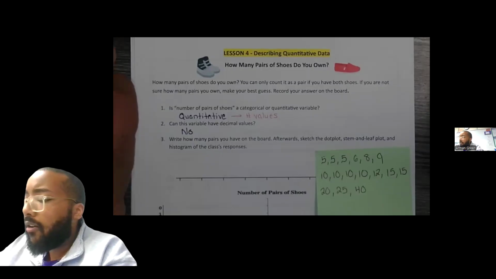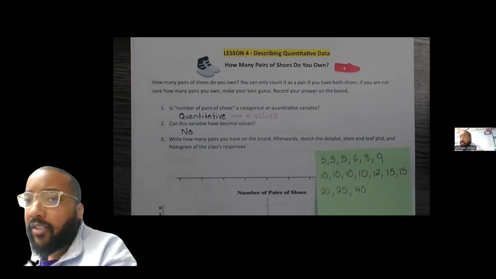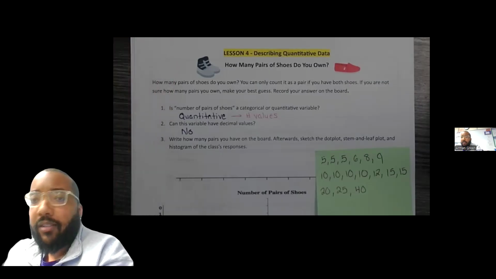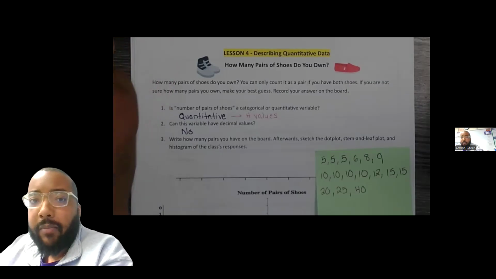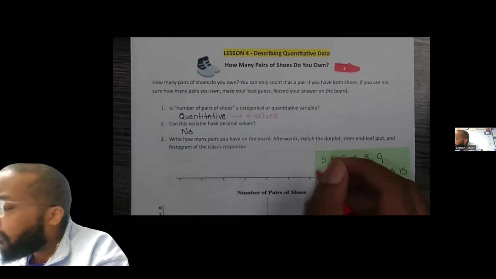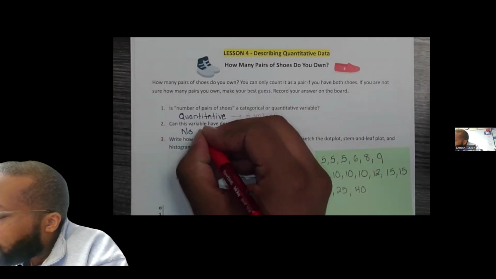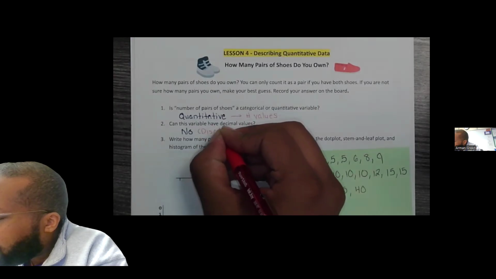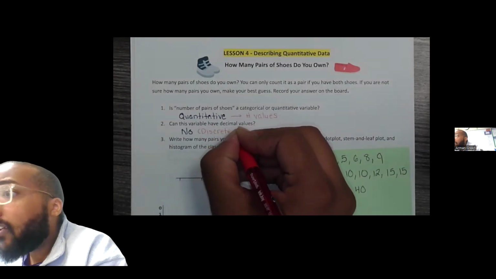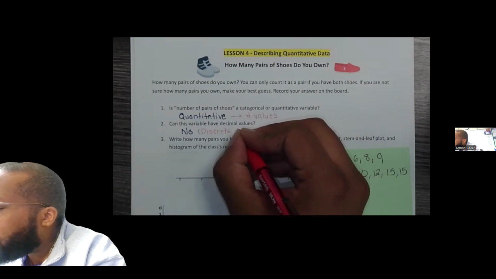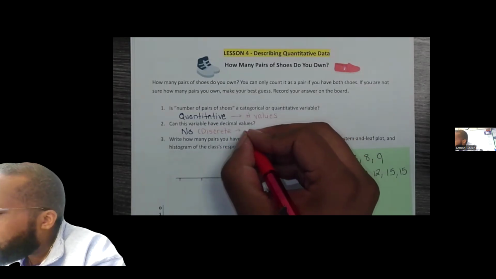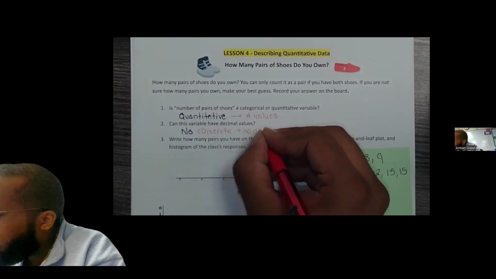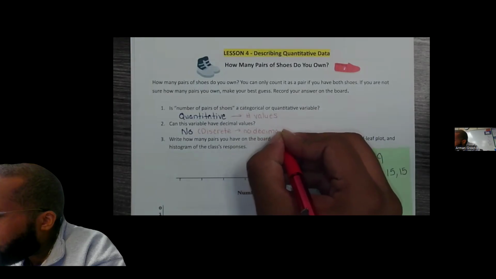All right. So this is leading towards two types of quantitative data that we could potentially have. The first option is what is called discrete variables. If you have discrete variables, that means that you have no decimals in your values.